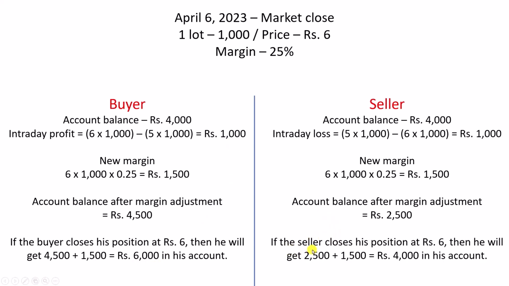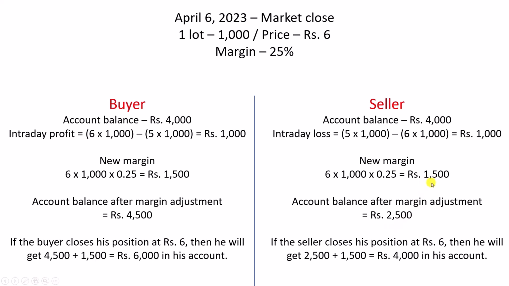If the seller closes his position at 6, if the seller decides that this is too much of a loss to me, I will come out of the trade, and if he does that, this plus this is what he gets in his account. That is 4000 rupees. Account balance is this.